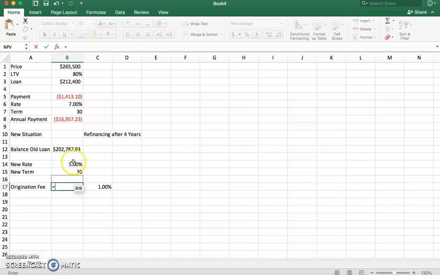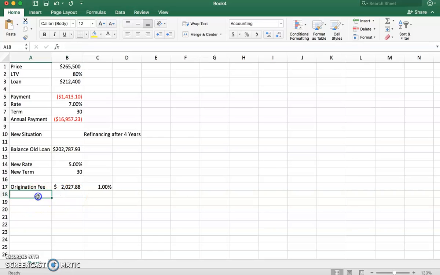It's just going to be the old loan balance times 1%. Oh, they have them in percent, so let's just do it like this, times 0.01. Perfect. We can make it money though. There we go.